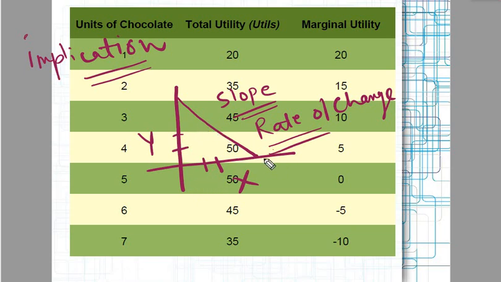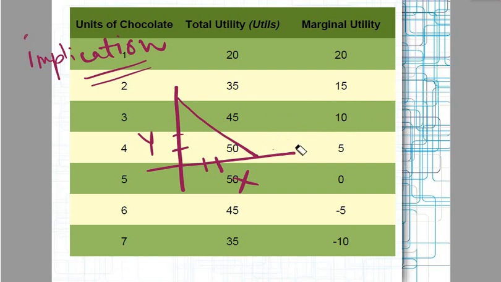But elasticity, on the other hand, so the slope of the line is constant. Slope of the line, which is something like this, is constant. But that is not really the case with elasticity.